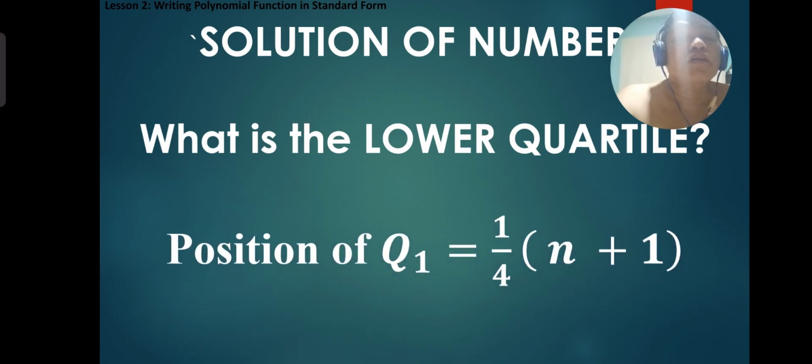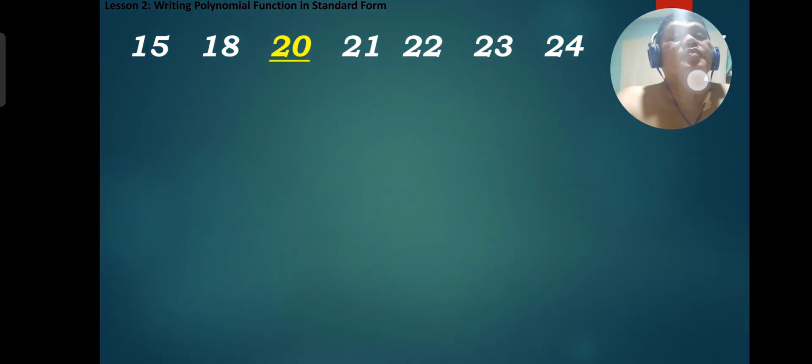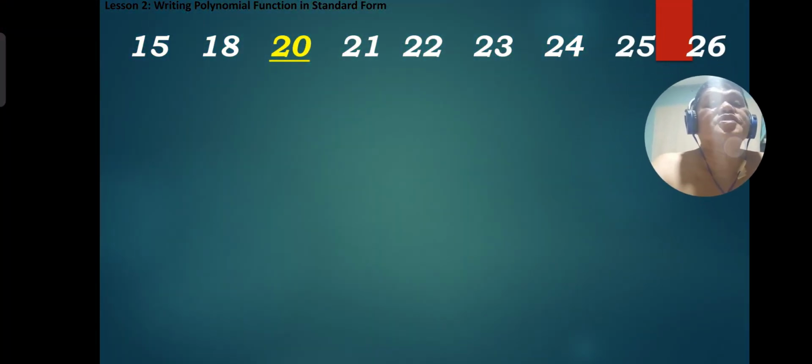We have now the formula. You're going to find first the position of quartile 1, which is equal to 1/4 times quantity n plus 1. You're going to arrange the number of minutes in ascending order: 15, 18, 20, 21, 22, 23, 24, 25, and 26.